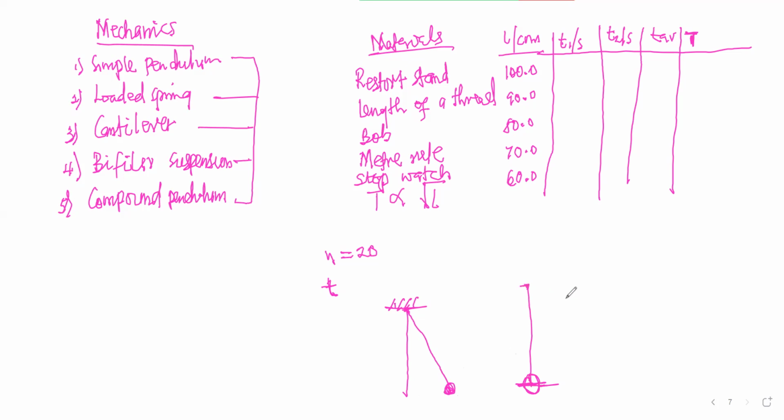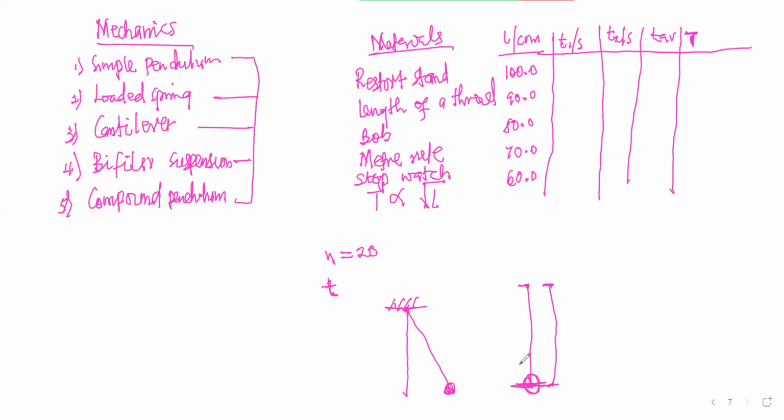So if I'm measuring a length of 100 centimeters, the measurement must be from the center of the bob to the end of the string. So your ruler must be put at the center, and where 100 centimeters ends determines the length.